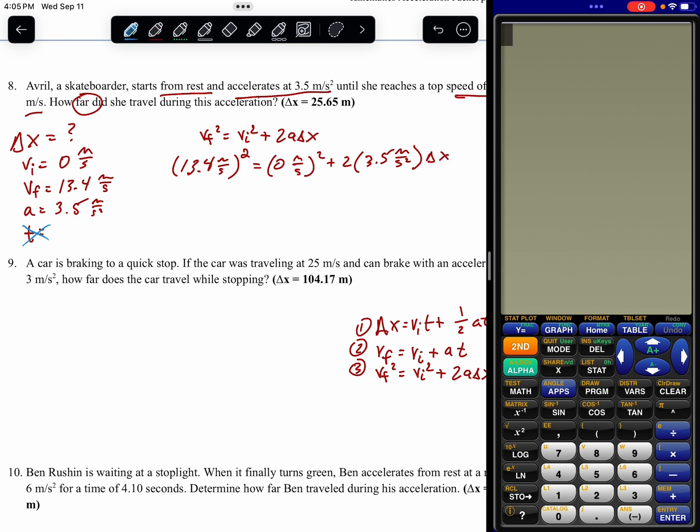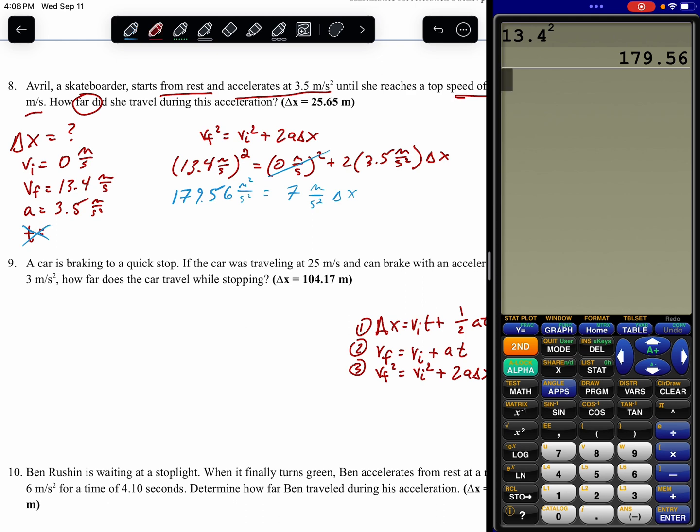We can go ahead and switch colors here. 13.4 squared is going to give us 179.56 meters squared per second squared. And then 2 times 3.5 is going to be 7 meters per second squared delta x.